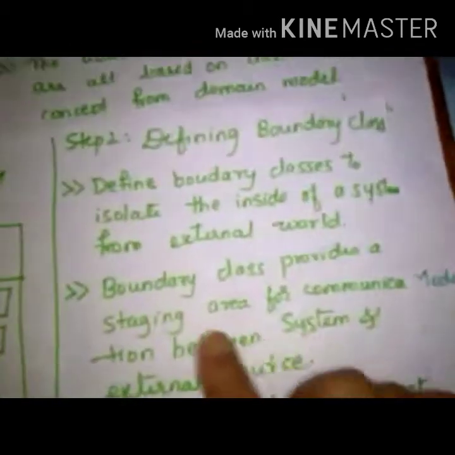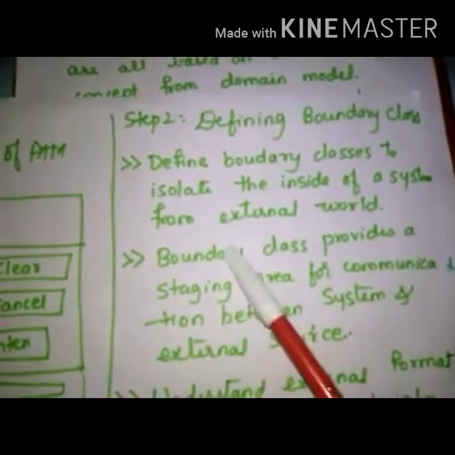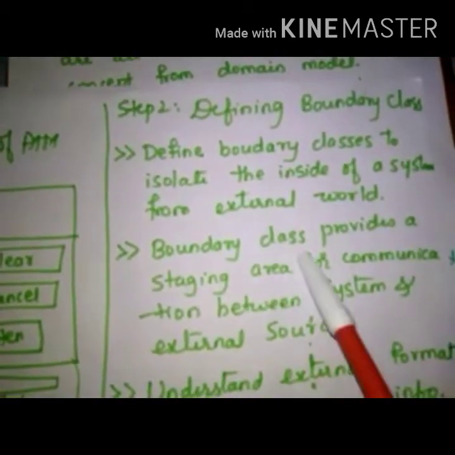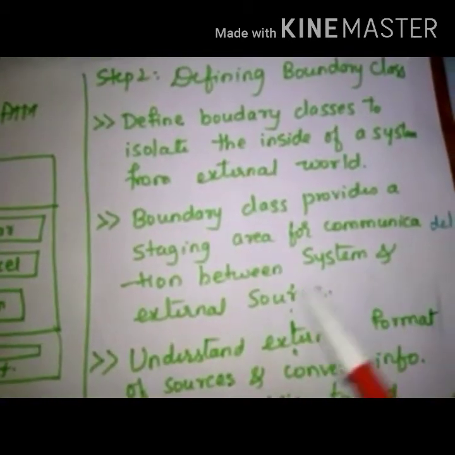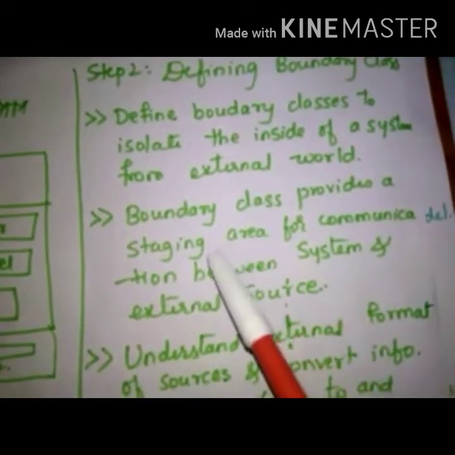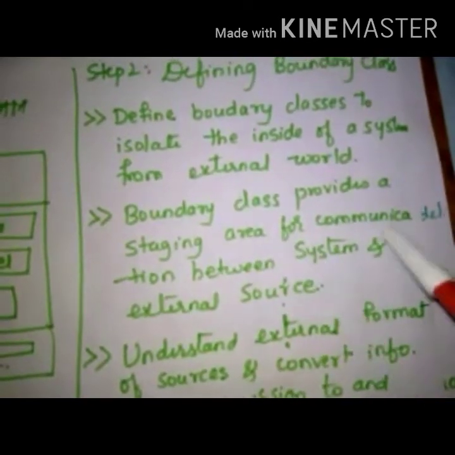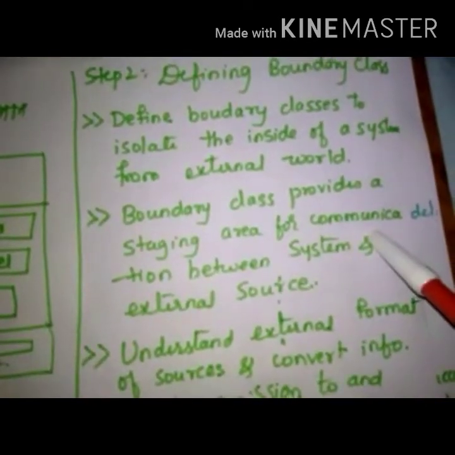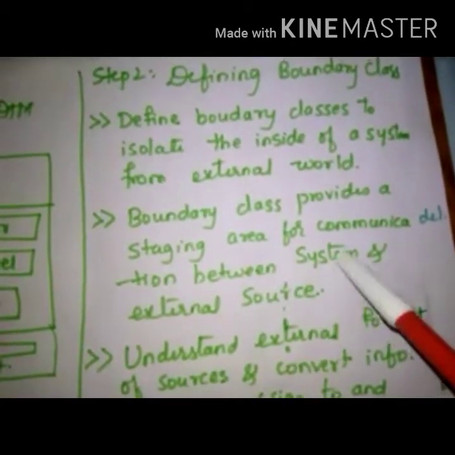So we say define the boundary classes to isolate the inside of the system from the external world. The boundary classes provide a staging area for the communication between the system and the external source. External source is a user here, and the class which provides the staging area for communication is a card insertion slot, wherein when the user inserts the card, you are communicating with the system.